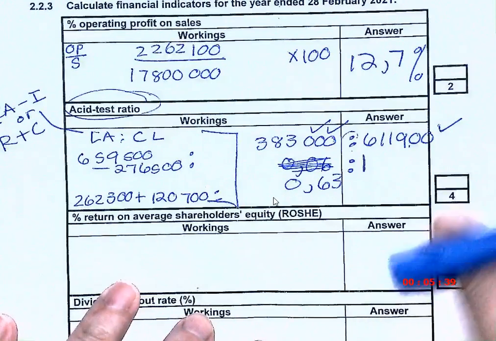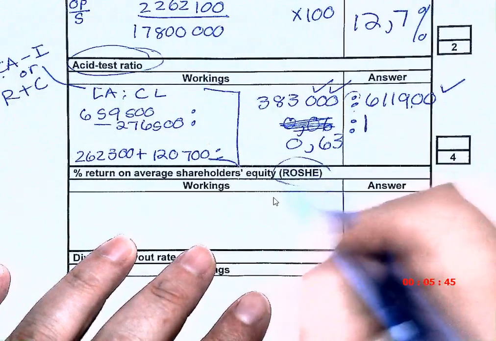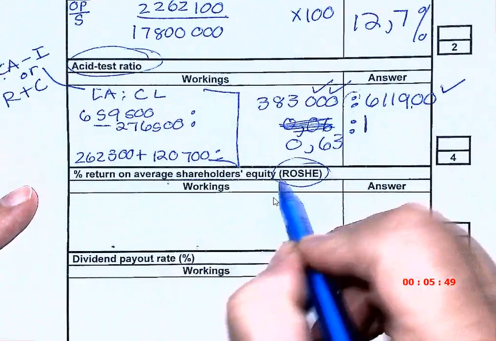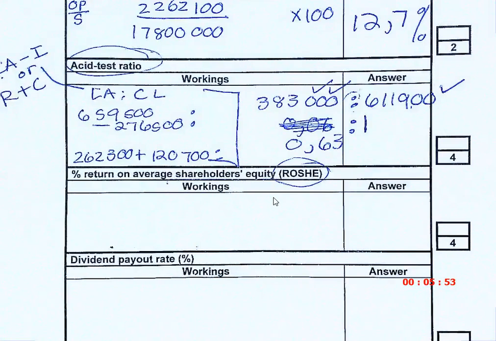Okay. Now, the percentage return on average shareholders' equity, and now they were kind enough to tell me it's the ROSHE. But you should know it because they say shareholders' equity. What is the other one? The ROTCE, they would have said capital employed, meaning it would be the shareholders' equity and the loan. Get the difference between the two.